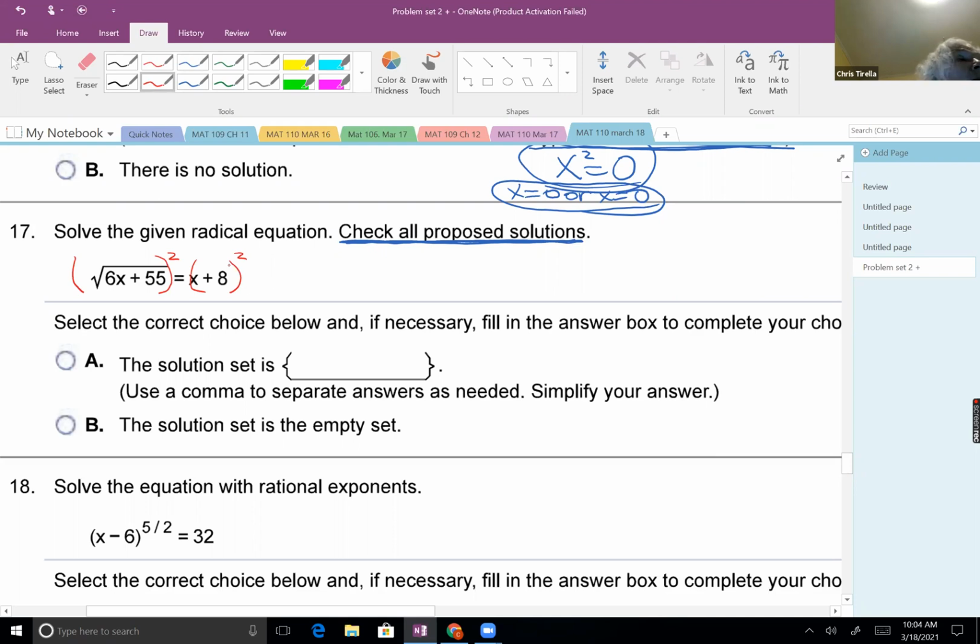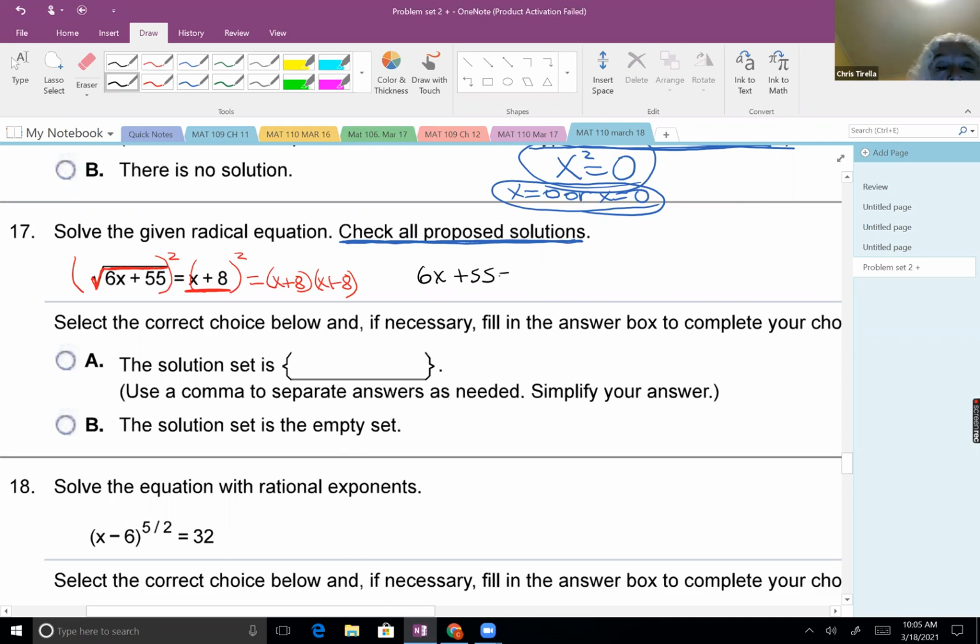Please be careful though. We cannot square both sides until that square root is all alone on one side of the equal sign. But since the square root is all alone on one side of the equal sign, we'll square both sides. And again, I want you to remember to be careful when we take that x plus 8 and square it. We need to think of taking that x plus 8 and multiplying it by itself. So when I square the radical, I just get the radicand, 6x plus 55.